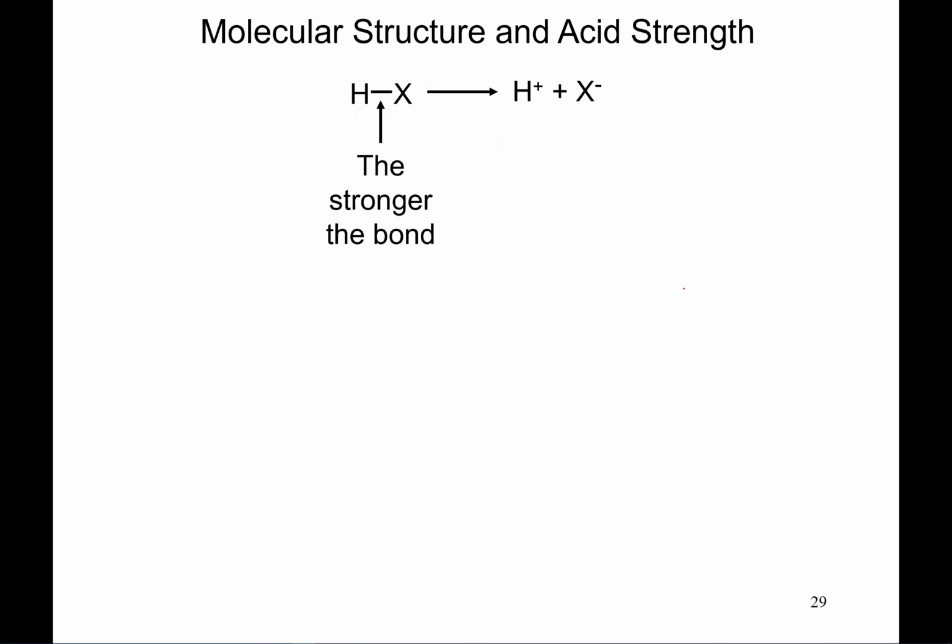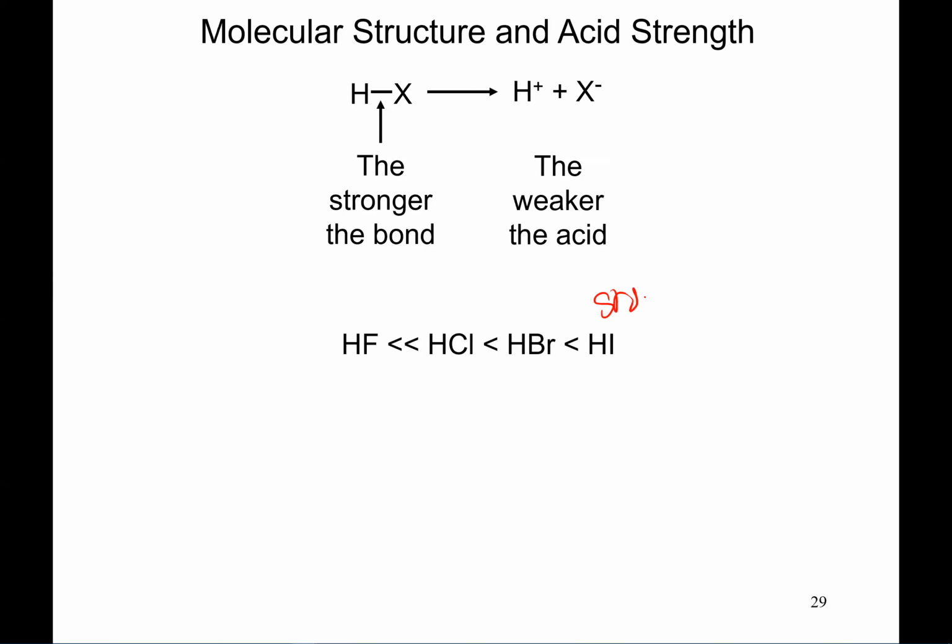Molecular structure: the stronger the bond between H and X, the weaker the acid. So HI is a strong acid, and HF is a very weak acid.